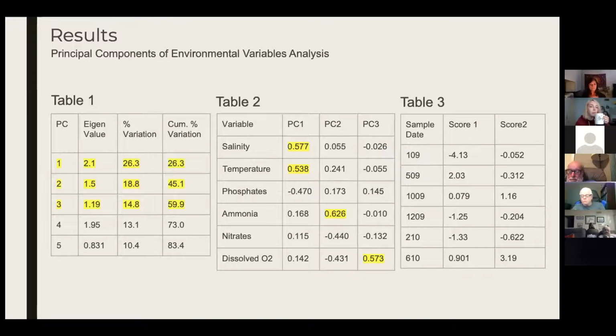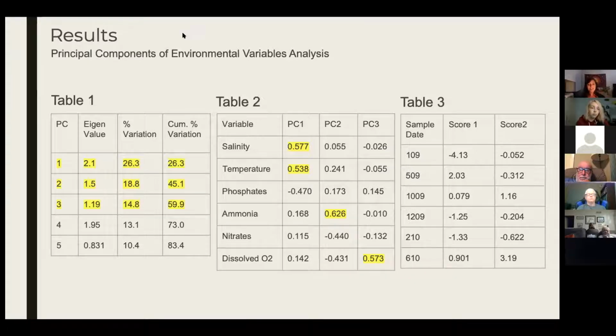And so we found that you can explain 60% of the variability in the environment on all those dates with just 3 axes, so X, Y, and Z. And then we're going to look at, okay, of our 3 axes, what is it in those values that's really making one day different from another or similar?